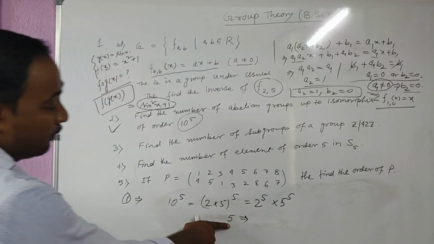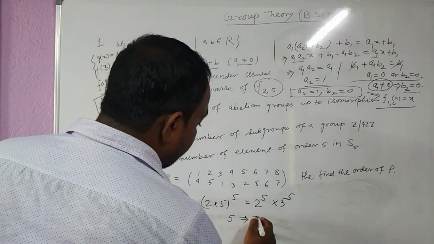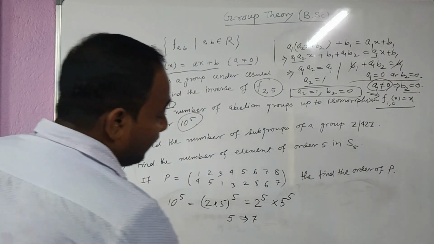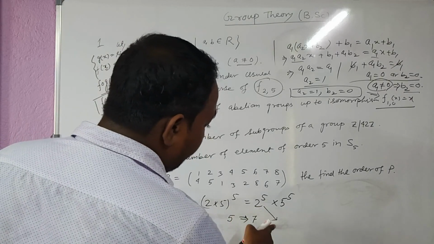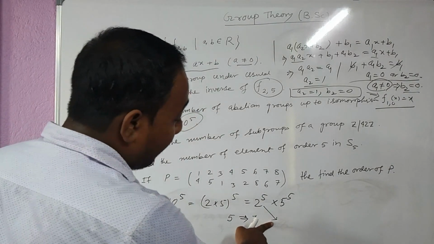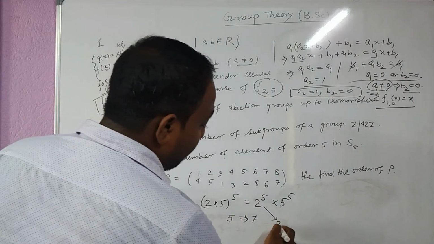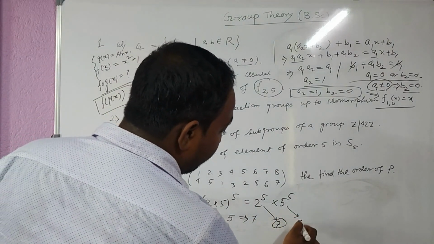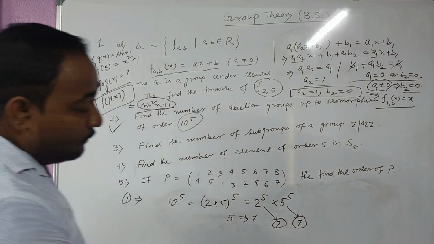So now find out the number of partitions of 5. You can easily check that the number of partitions of 5 is 7, right? So from here we get 7 abelian groups up to isomorphism. And similarly for the other factor we will also get 7 abelian groups up to isomorphism.